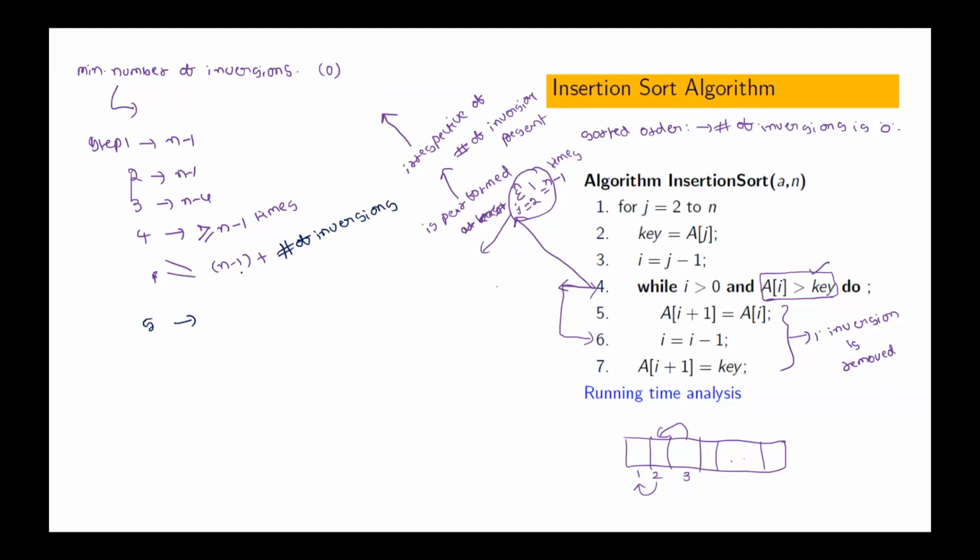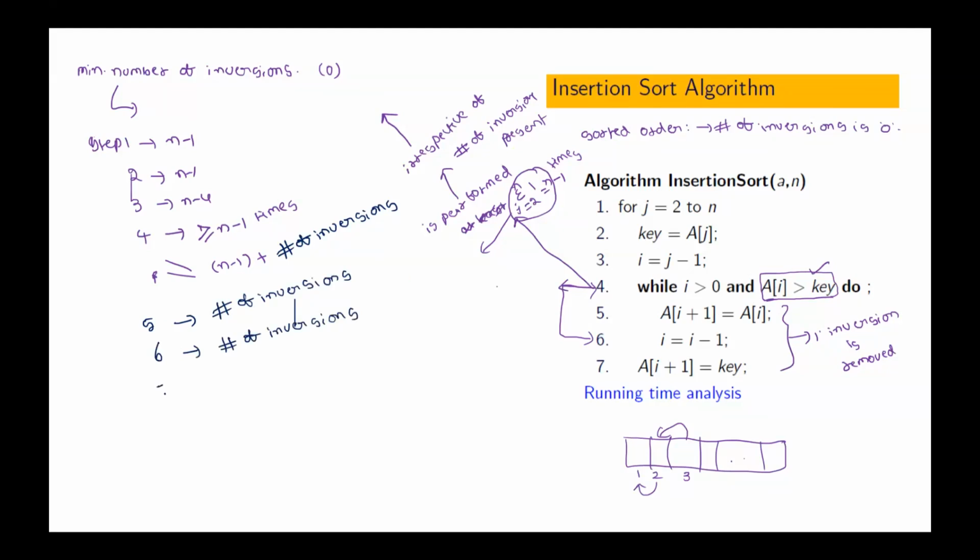N minus 1 doesn't come here, because only if the condition is true do we come inside. So it is the number of inversions times. Step 5 is performed the number of inversions times. Step 6 is also performed the number of inversions times.